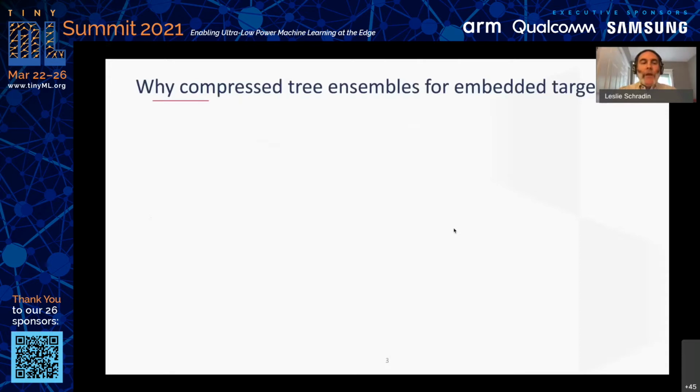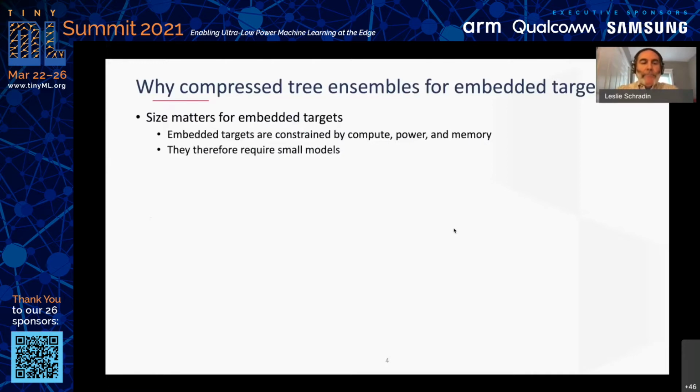Okay, so first of all, why compress tree ensembles for embedded targets? Basically, size matters, as we all know, for embedded targets. They're constrained by compute, power, memory, and therefore small models are desirable. And so then the follow-on question, why tree ensembles?